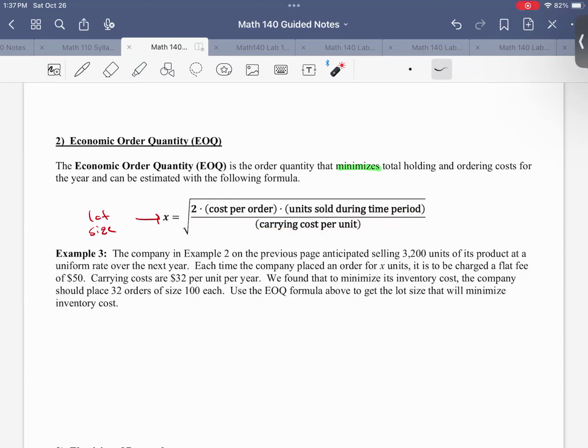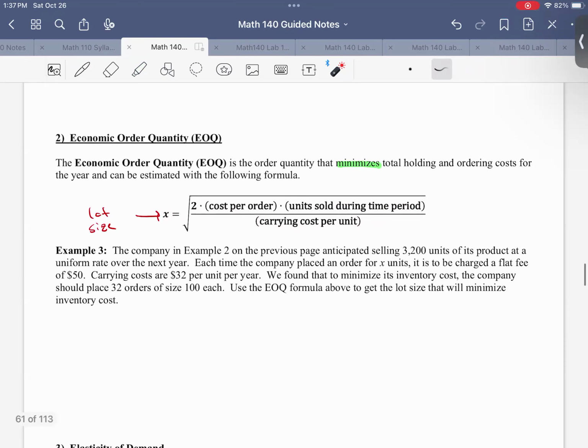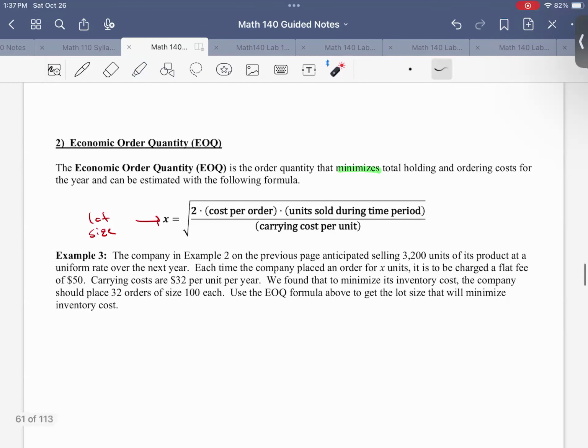So let's go ahead and look at an example and see how we apply this formula to an inventory cost question. We're going to backtrack to the previous question that we did in the inventory costs video. The company in example two, on the previous page, anticipated selling 3,200 units of a product at a uniform rate over the next year.